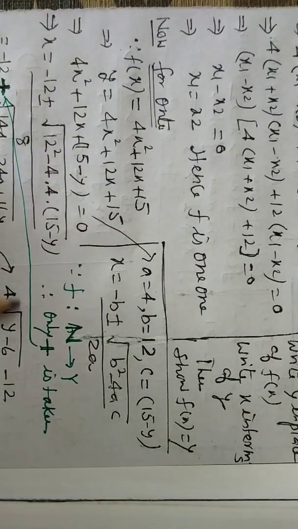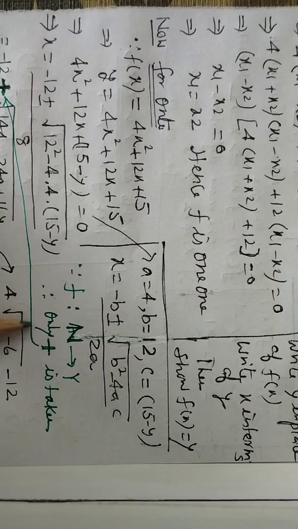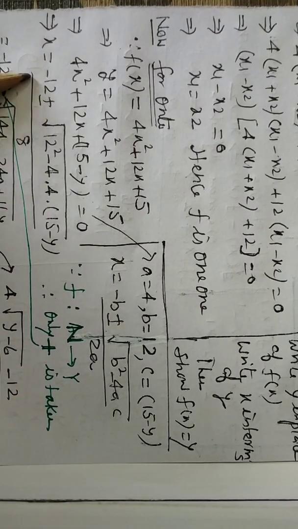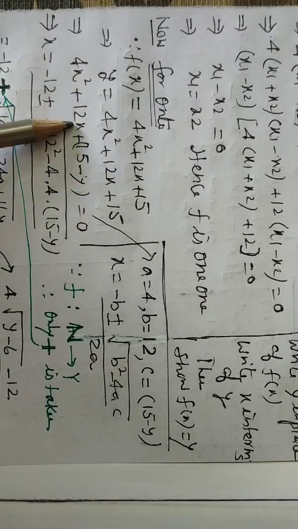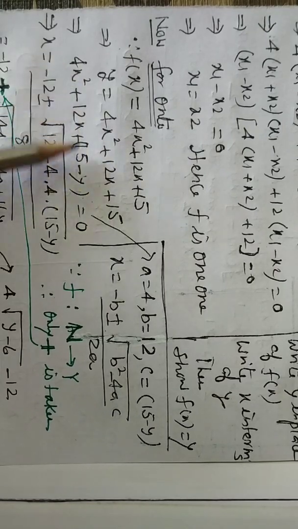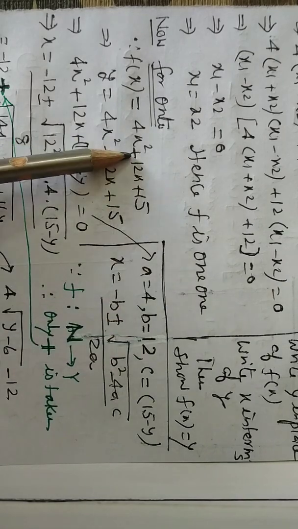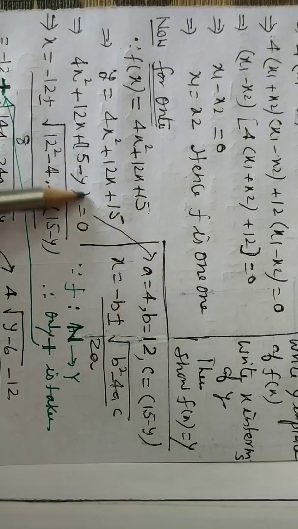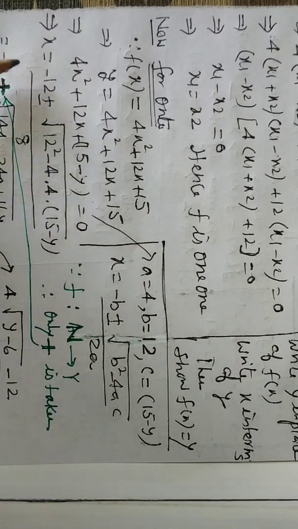Now since f is from N to N, only positive value is taken. Here x is equal to (-b ± √(b² - 4ac)) / 2a. Note that a is equal to 4, b is equal to 12 and c is equal to 15 - y. So x is equal to this.